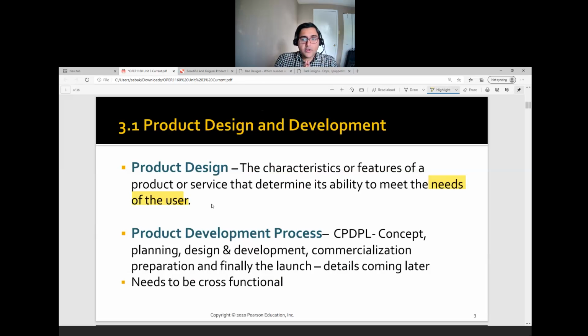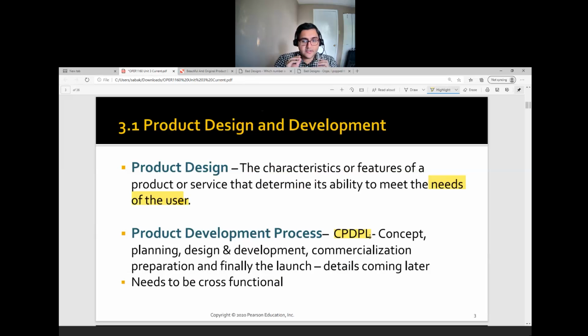Now, once you design the thing, there are certain steps which need to be practiced for developing that product. So that's referred to as CPDPL. In this course, specifically in this chapter, we will be using the concept of CPDPL throughout this unit.